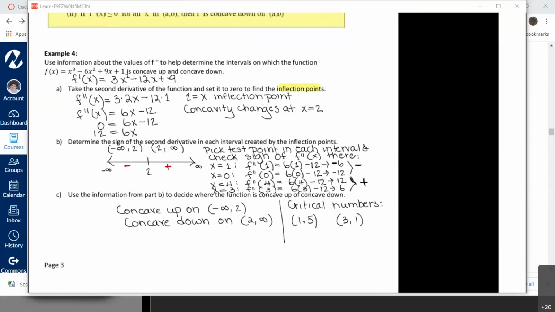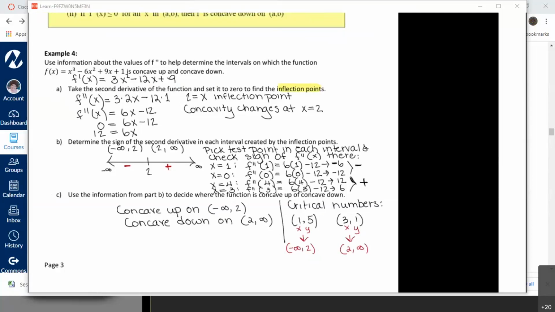Remember, these are x, y ordered pairs, and you have to decide what interval they're in. The intervals are just x values, so I'm looking at the x value only. 1 is going to be in the first interval, negative infinity to 2. 3 is going to be in the second interval, 2 to infinity.